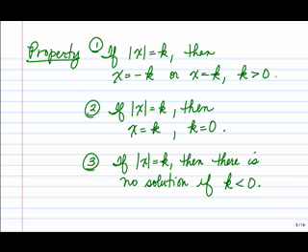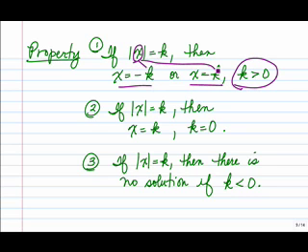So here are some properties that result from that. To solve an absolute value equation, if we have it in this form, absolute value of x is equal to k, where k is positive, there are two solutions. So we have to set that inner expression either equal to negative k or k. That is the two numbers whose absolute value is k.